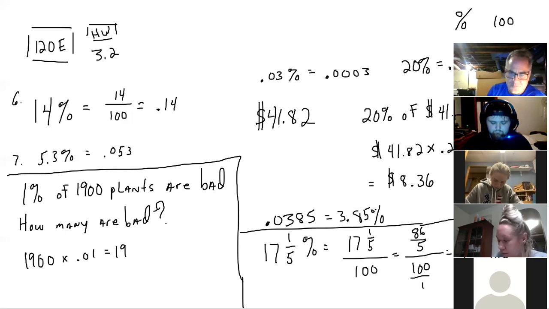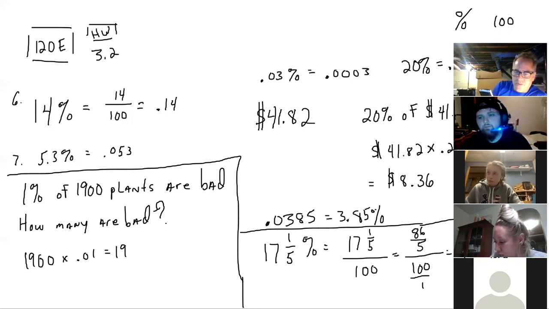Good so far. Now I could reduce on this real quick. Certainly 2 is going to go in top and bottom. 3 would not. 2 will go into 86 43 times. And 2 will go into here 50 times. So in the top, I'm going to have 43. That's a prime number. And 5 times 50 is 250.